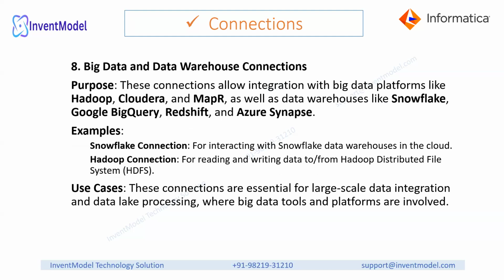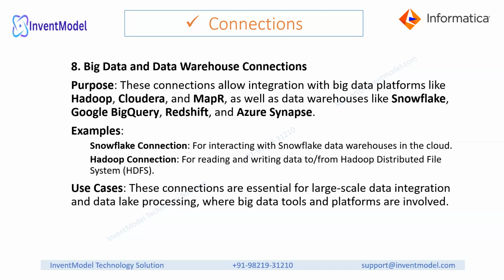Big data and data warehousing connections. The purpose of this connection is that these connections allow integration with big data platforms like Hadoop, Cloudera, MapR, as well as data warehouses like Snowflake, Google BigQuery, Redshift, and Azure Synapse.